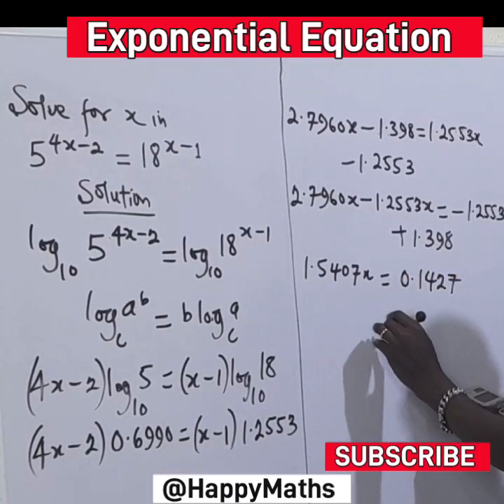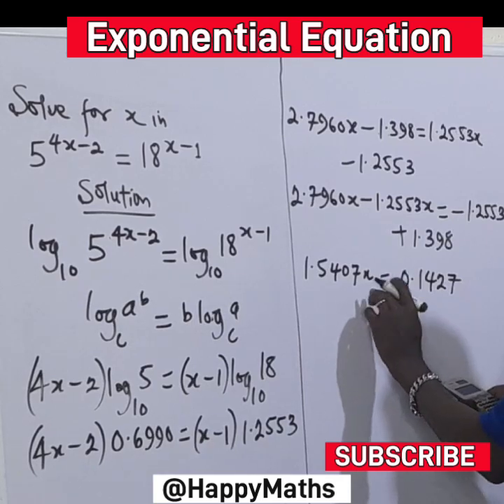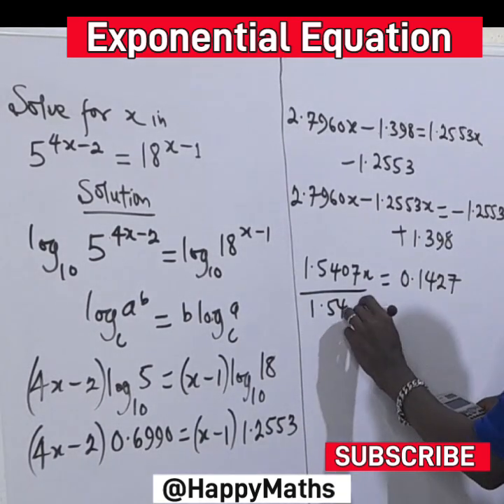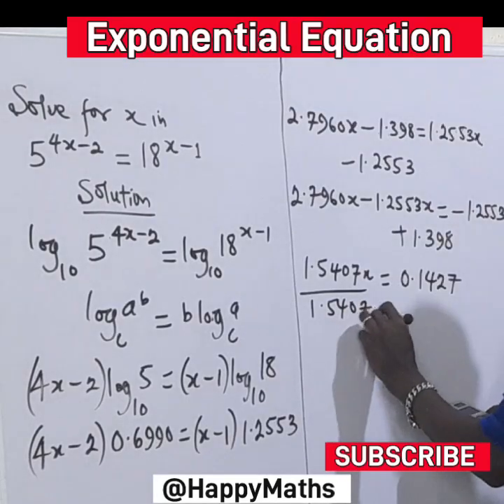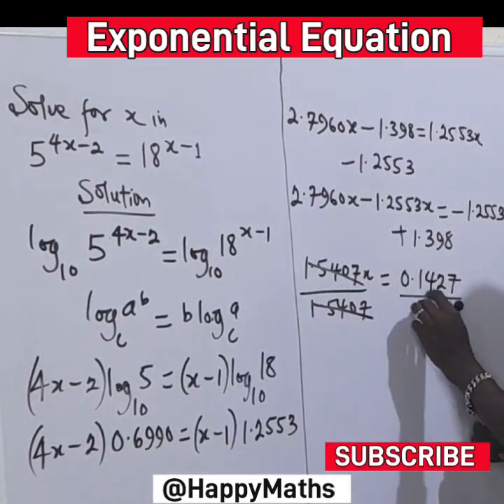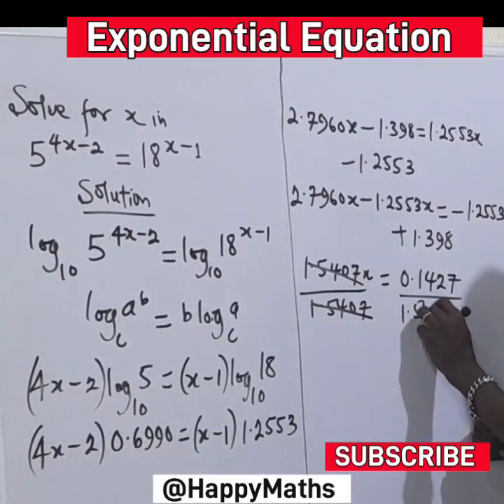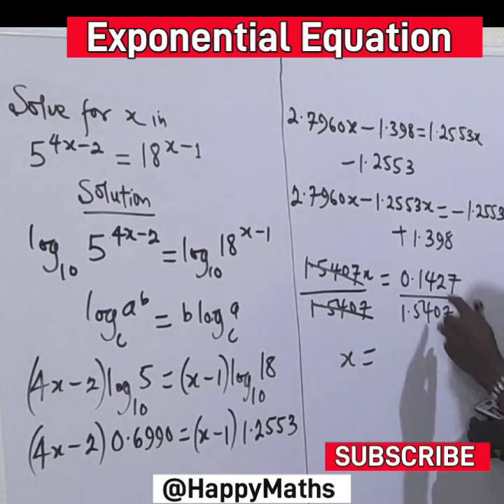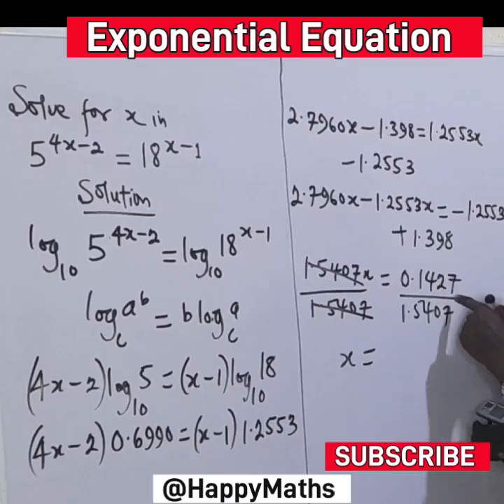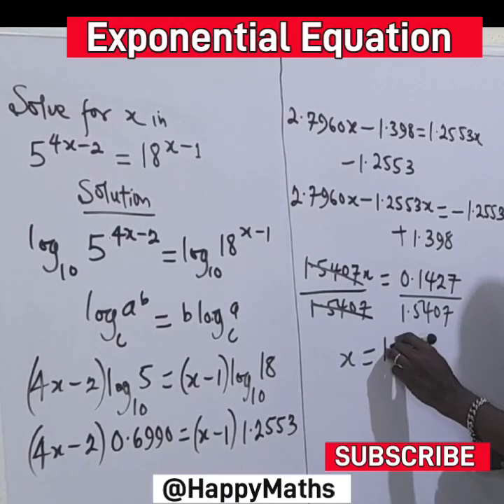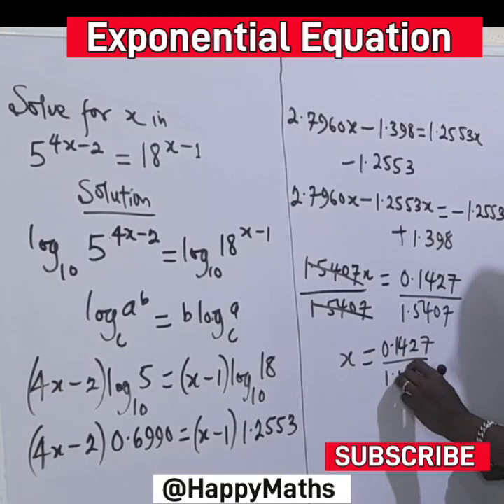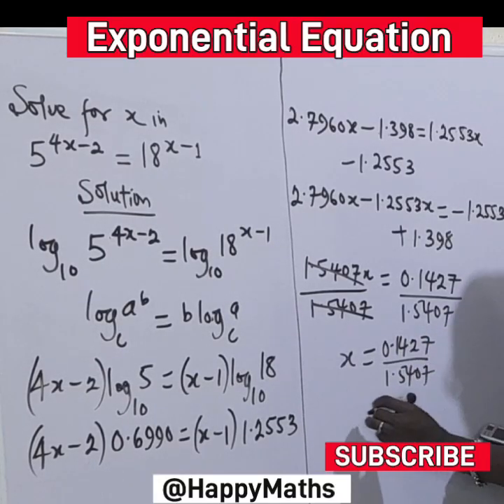0.1427. Divide both sides by 1.5407. This will go over 1.5407. What we have here now is 0.1427 divided by 1.5407.